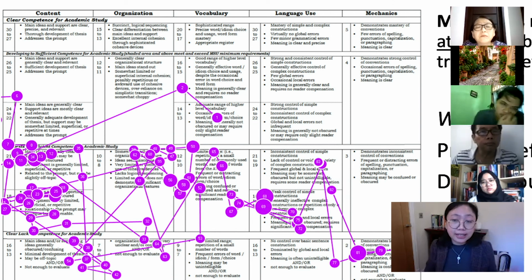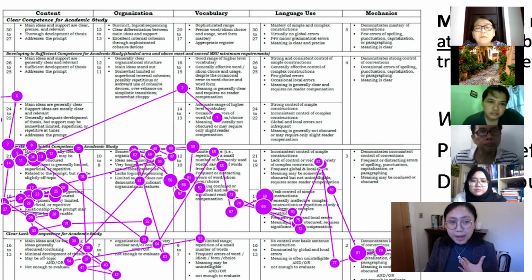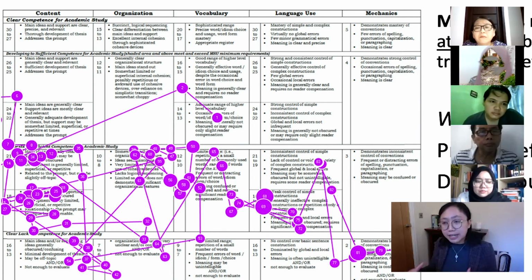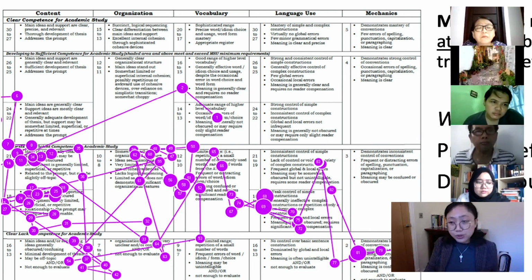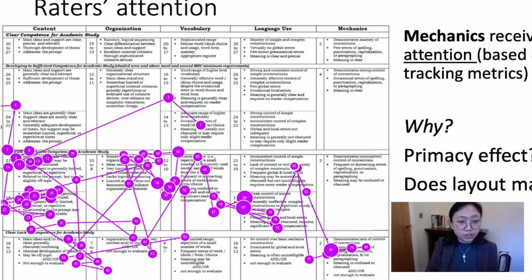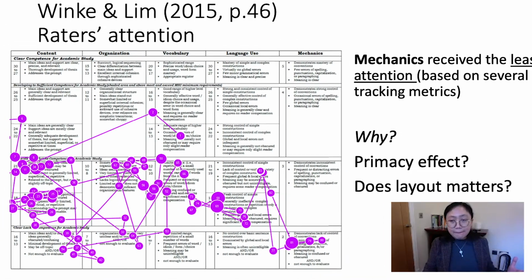It's interesting that they found that raters paid different amounts of attention to these criteria. In other words, these criteria did not receive the same amount of attention. Okay? Well, actually, they probably should.